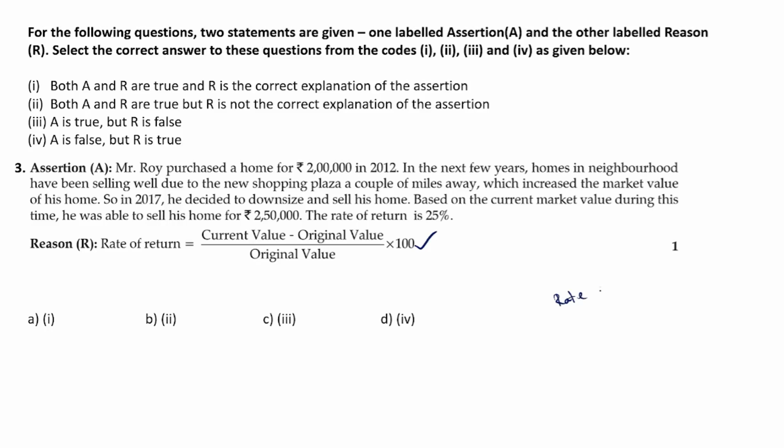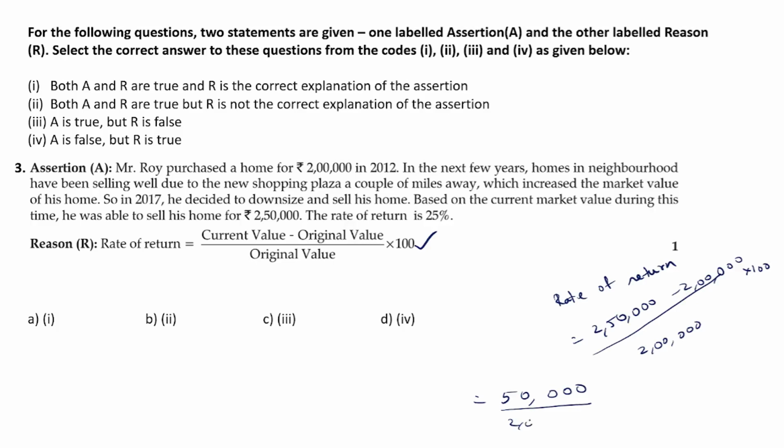So rate of return is equal to 2,50,000 minus 2 lakhs upon 2 lakhs into 100. So this is 50,000 divided by 2 lakhs into 100.